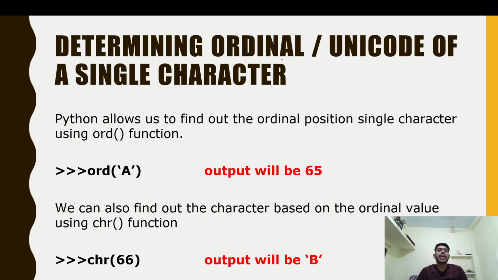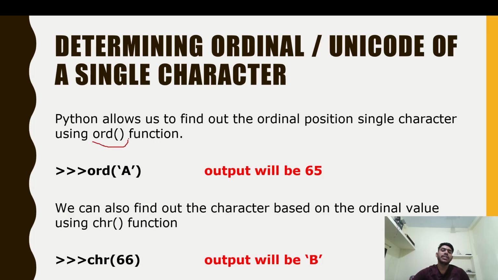Chalo. Then determining the ordinal or Unicode of a single character. If you want to find out the ordinal value or Unicode of a particular character, what is that ordinal value, what is that Unicode? Python allows you to find the ordinal position of that particular character by using the ord function, you can see here.